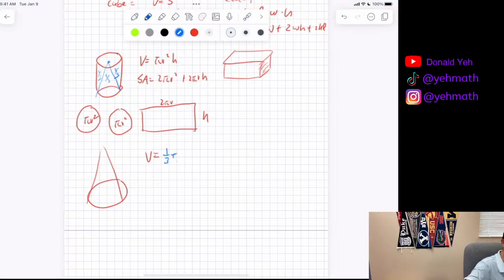So it's 1/3 pi r squared h. A cone is 1/3 of a cylinder. That's easier to memorize. Got it? You don't need to know the surface area because no one cares.